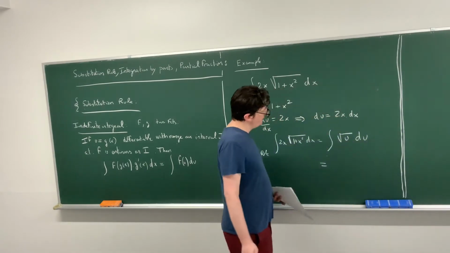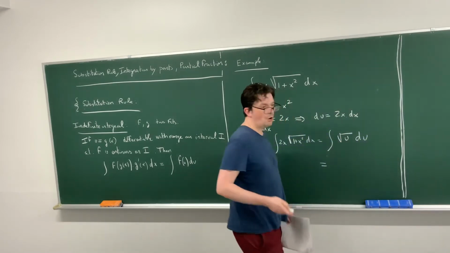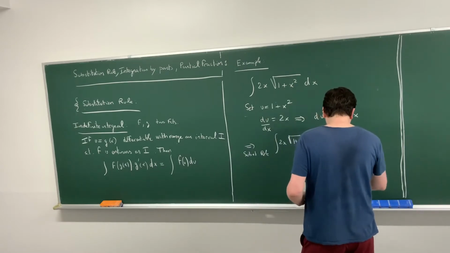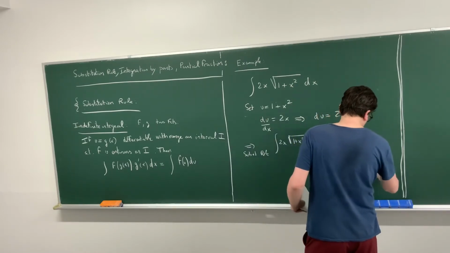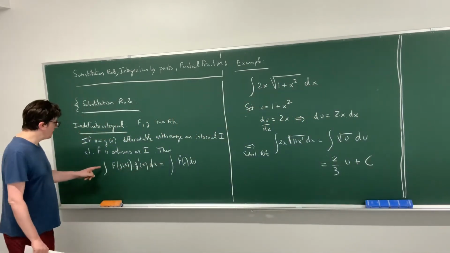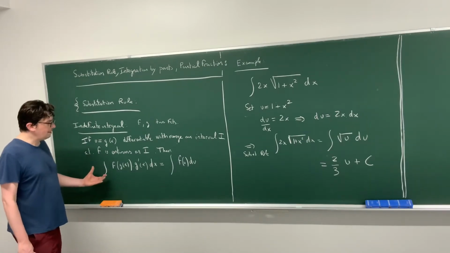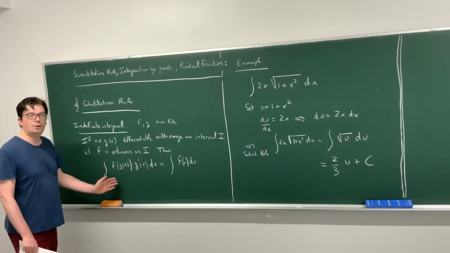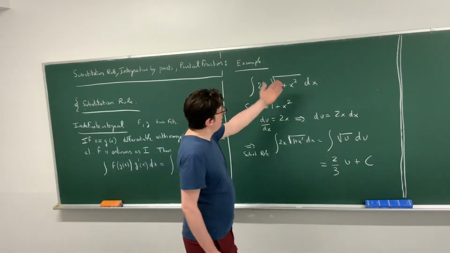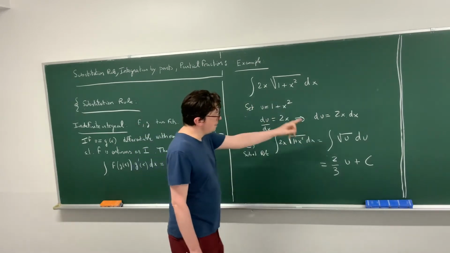This is u to the power 3/2, and then we do 2/3 of it, and then we have to add the constant. A good point to note is that even though it's indefinite, we don't need the constant on both terms, but at the end, when you evaluate the indefinite integral, you will end up with a constant.